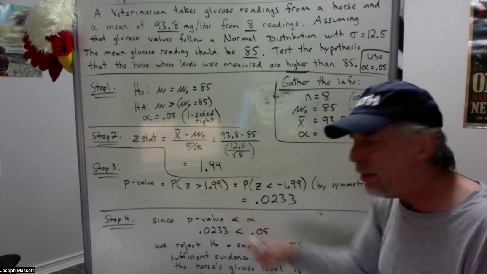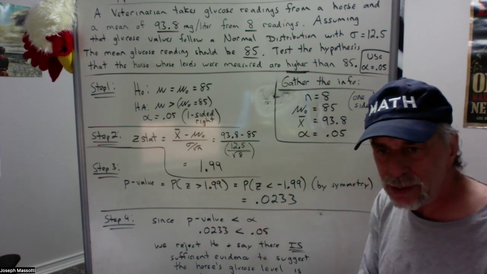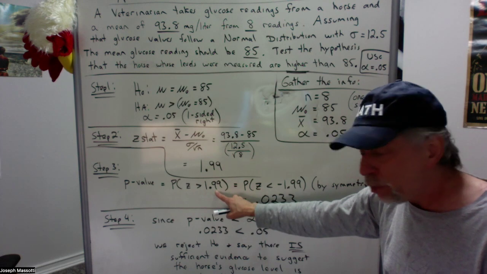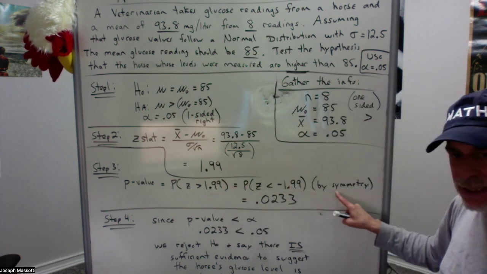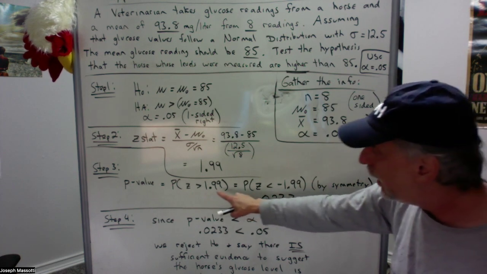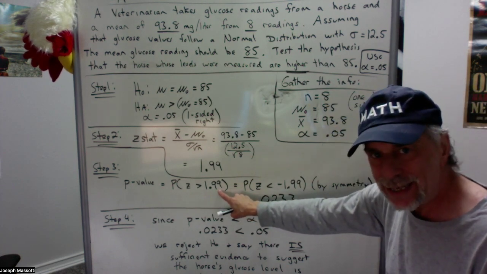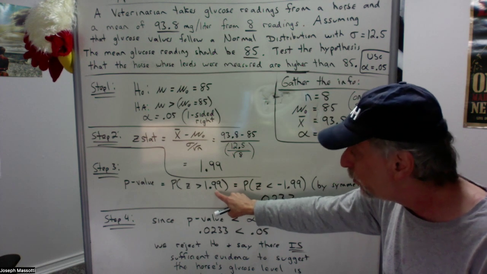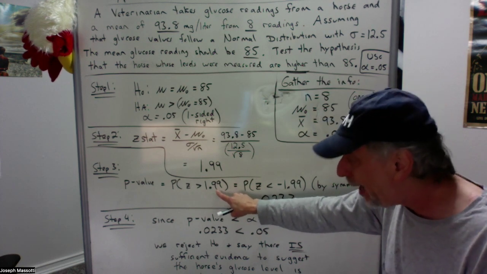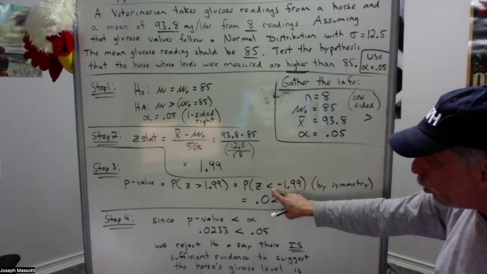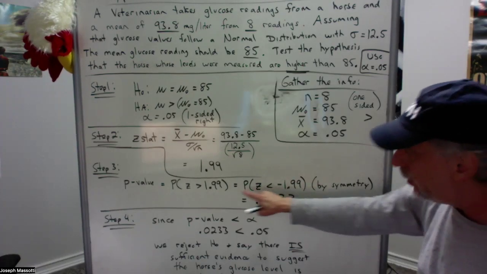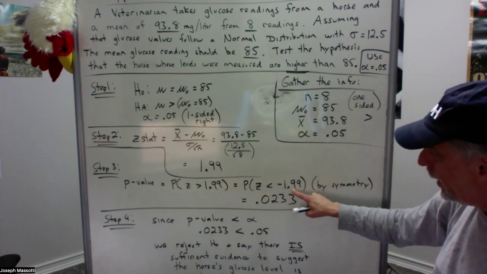For greater than, remember, we can use the idea of complements and say 1 minus the probability that z is less than this number. Or in this case, I use the symmetry method. Because 0 is in the middle of the standard normal distribution, the probability to the right of positive 1.99 is the same as the probability to the left of negative 1.99.